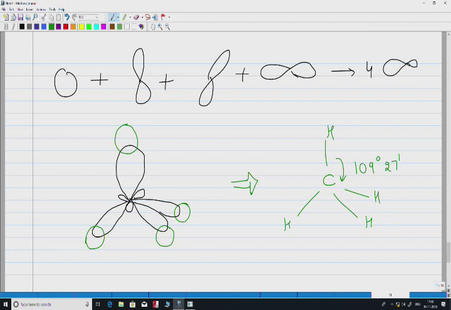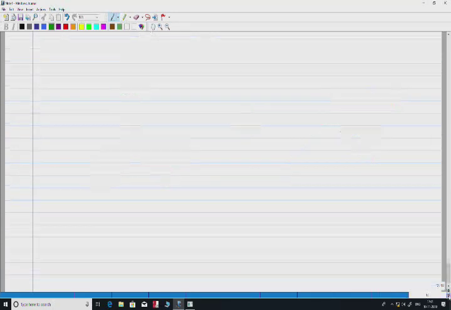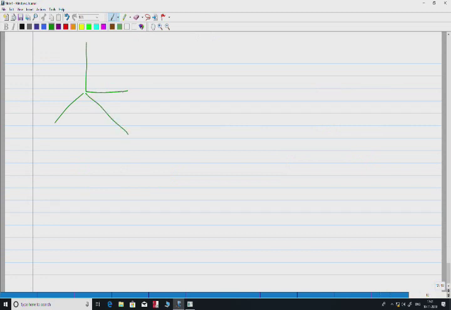First of all, guys, remove one thing from your mind, that the sum here will be 360. In the first two cases, it was possible that the sum was 360, but here it is not possible. Now tell me one thing. If I put the bond angle at 90 degrees, is it possible that all four bonds will be at 90 degrees? These are the four sticks.